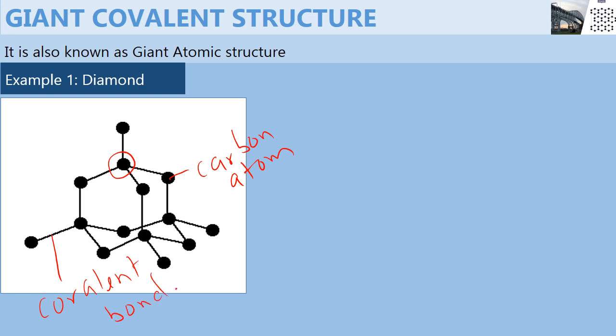Now, when you focus on this carbon atom, we'll find that it is covalently bonded to 1, 2, 3, and 4 other carbon atoms. This kind of arrangement is known as tetrahedral structure.